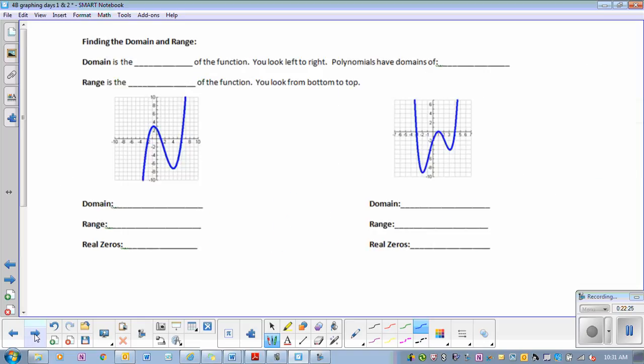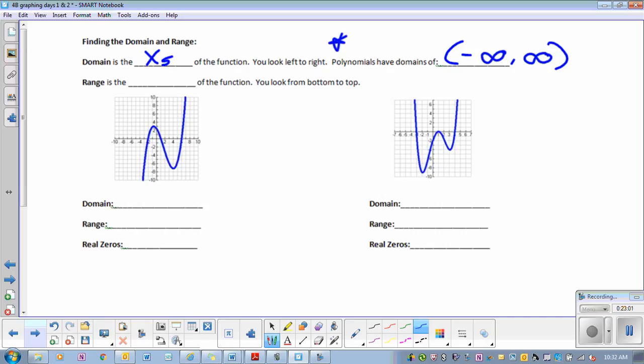All right. Now let's talk about the domain and range. Domain is talking about the x's or the x values of the function, right? We know this. You look from the left to the right. Here's the good part, guys. Put a star on this. Polynomials have domains of all real numbers. So that one, always. Range is the what?